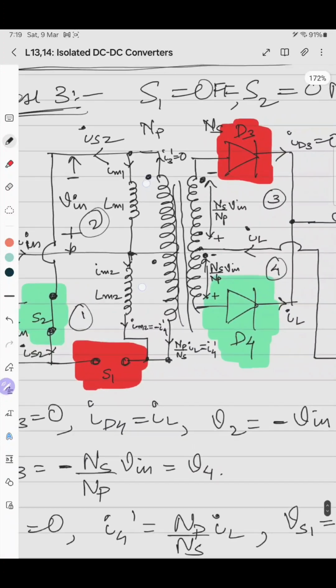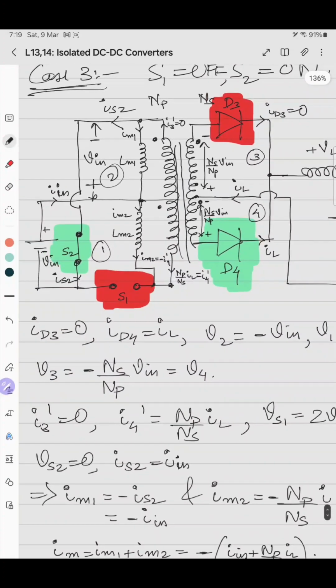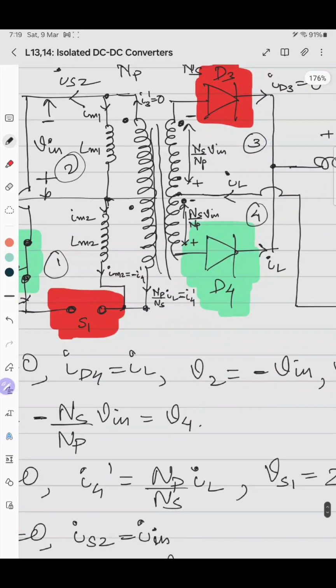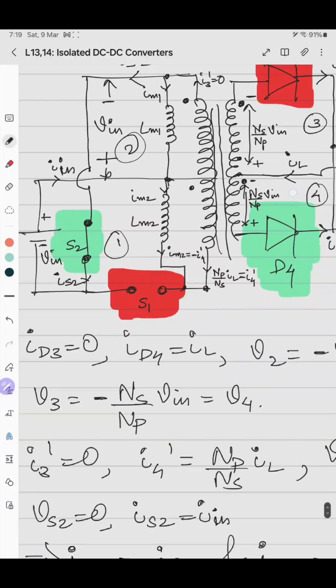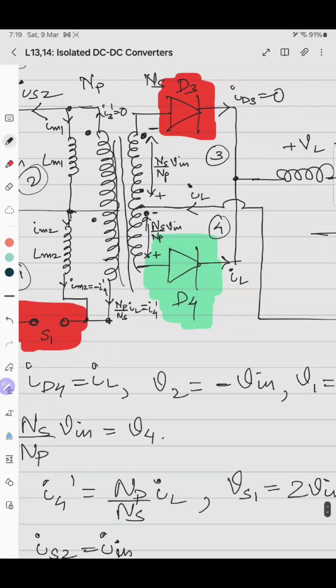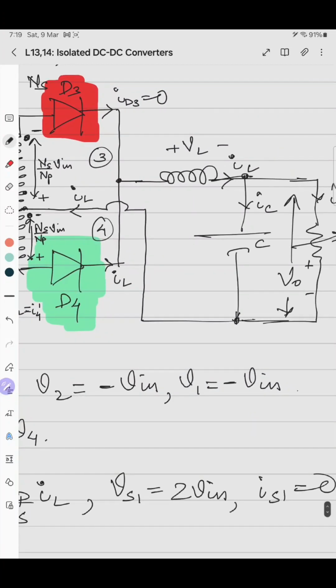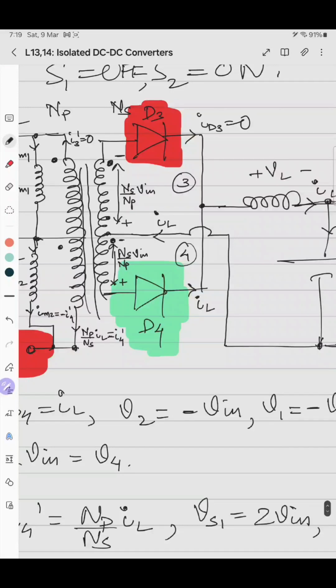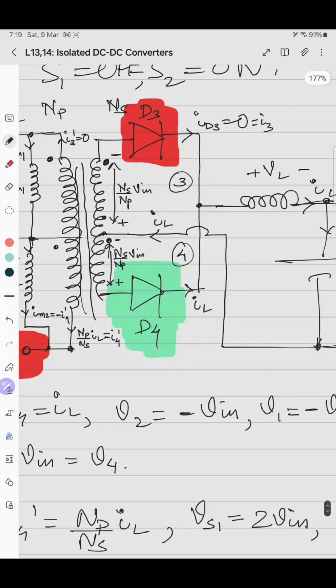If it is minus Vin, the same voltage is induced across the primary bottom winding, that is minus Vin. Similarly, across the secondary, as the dot convention is reversed, the voltage induced across winding number 3, that is the secondary top winding, is minus of NS by NP into Vin, that is equal to V4. That's why the diode D4 becomes forward biased, and thus it carries the inductor current, and ID3 or I3 becomes 0.